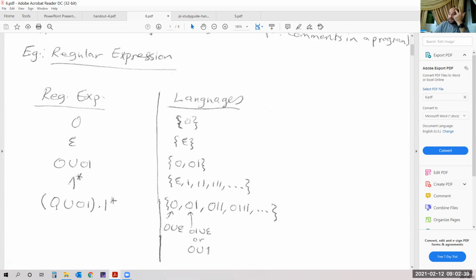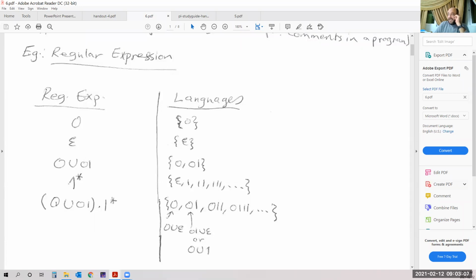Then 0 concatenated with 1 will be 01, but I have it from here, so I will not repeat it. That's why I said 0 concatenated with epsilon, 01 concatenated with epsilon, or 0 concatenated with 1 will be the same one. I will not repeat the same string in the set. And then if I have 01 concatenated with 1, I will have 011.